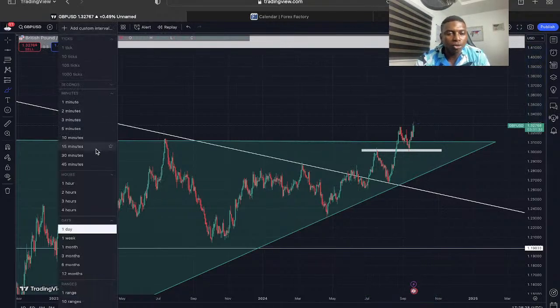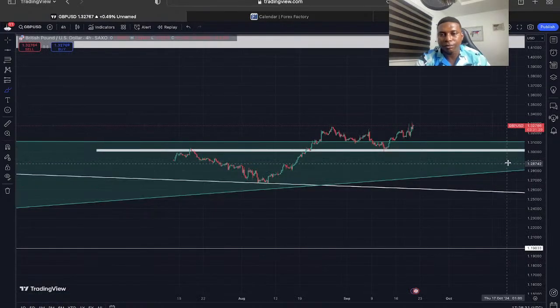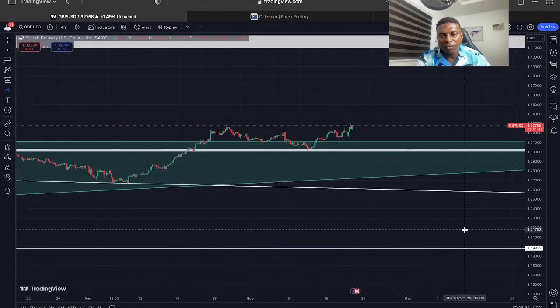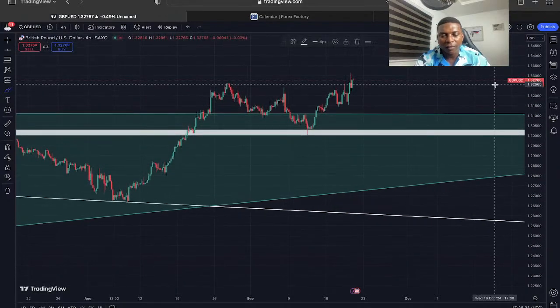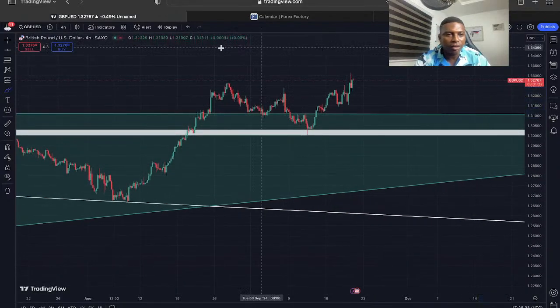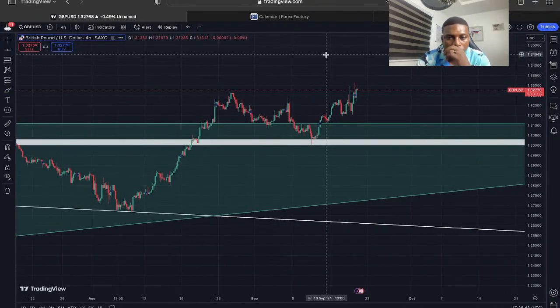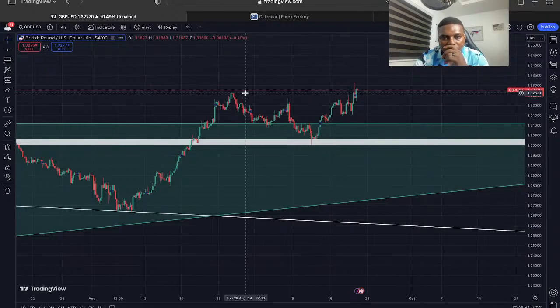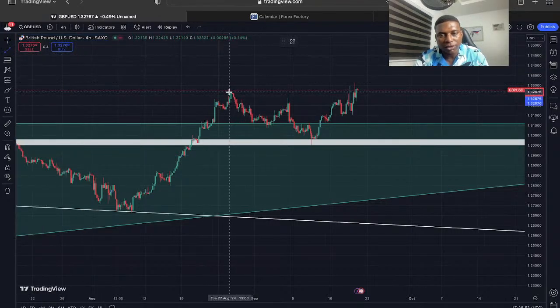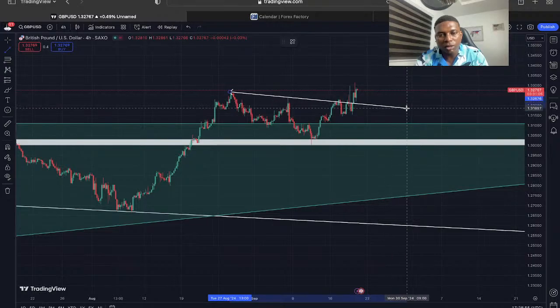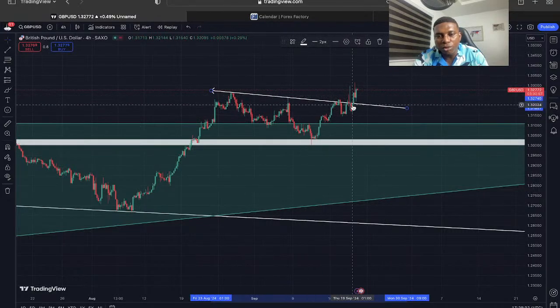Now let's go down to the 4 hours time frame. Let me get back to this. On the 4 hours time frame here, it's also interesting that we can see, from here there was a potential breakout.